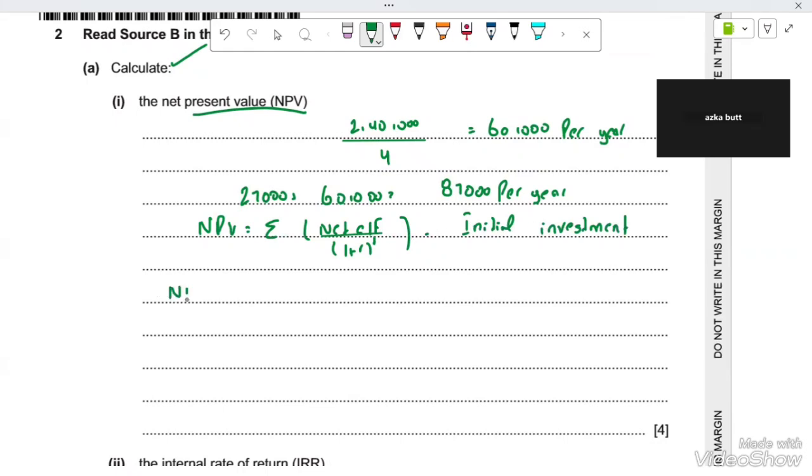So NPV is 87,000 multiplied by the first year's discount factor for 12%, which was 0.893.